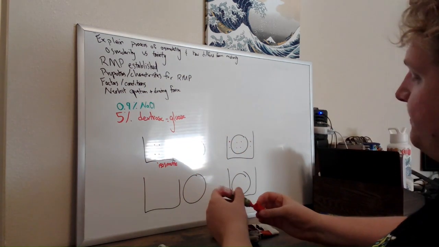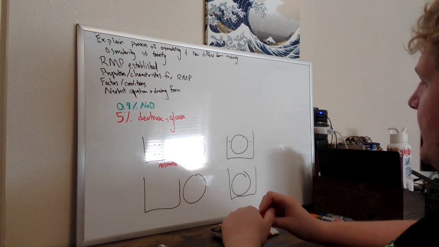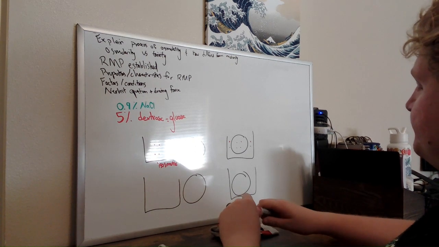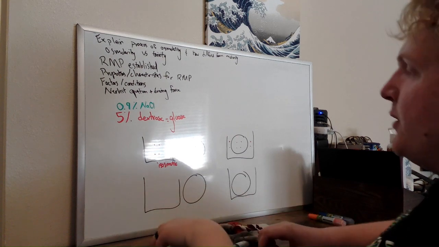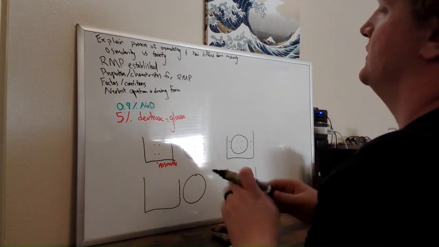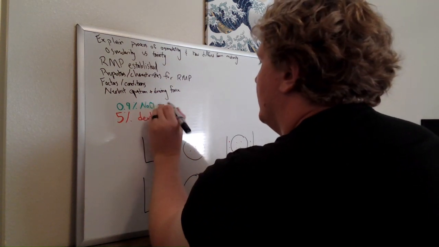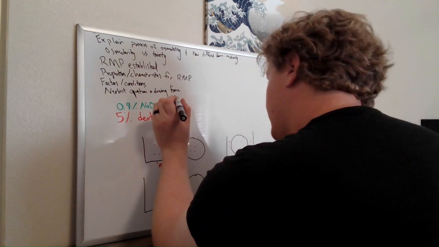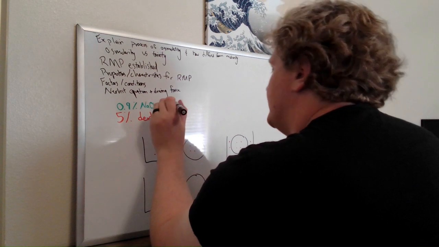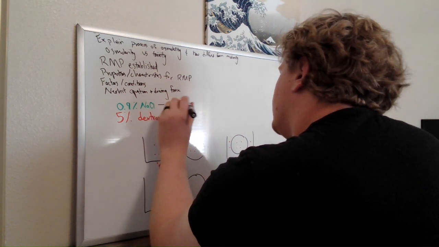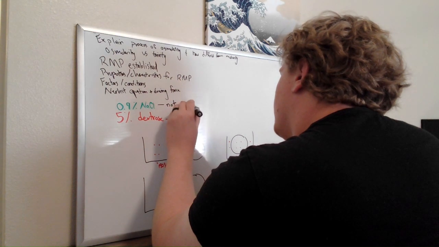But if we did the same thing over here, we have to remember the cell's permeability. Sodium chloride, at resting, just at normal states when the cell's at rest, is not permeable.